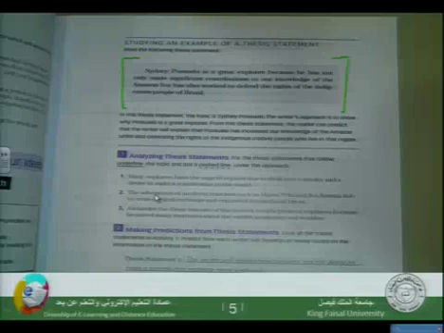provided in your book as an example, it says: Sidney Pozuelo is a great explorer because he has not only made significant contributions to our knowledge of the Amazon, but has also worked to defend the rights of the indigenous people of Brazil. Now, let me read this statement again.